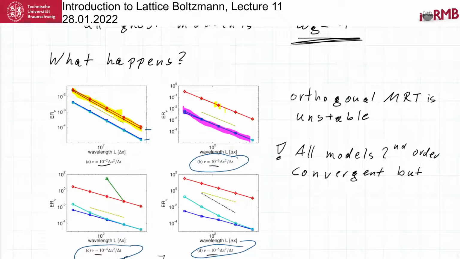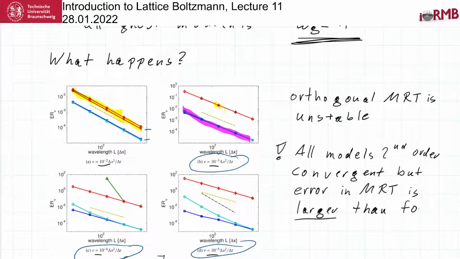This means our asymptotic analysis was probably correct, but the error in MRT for the cases where we actually see the error for the MRT is larger than for BGK. So this is not what we wanted.